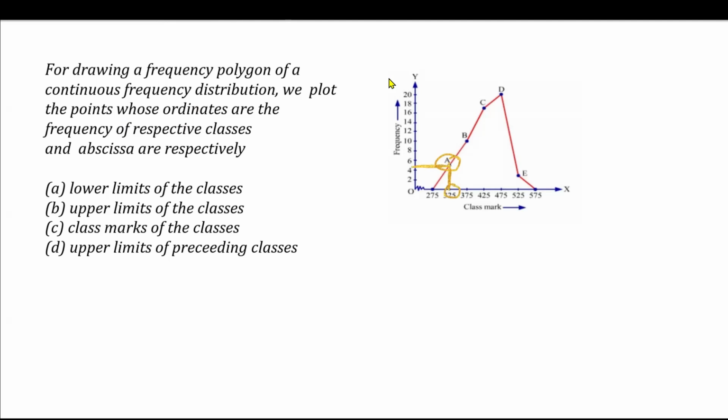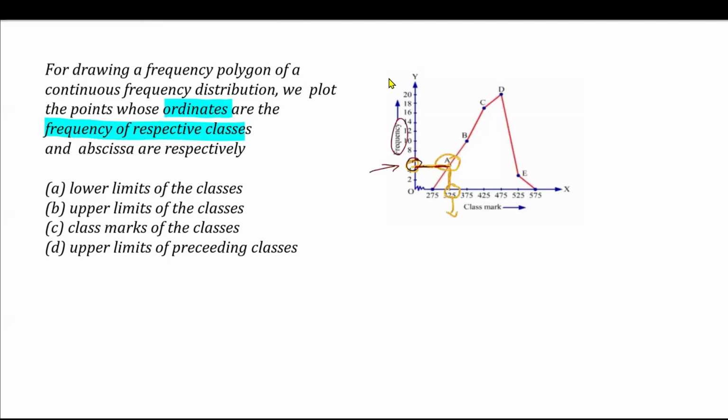Where the x coordinate is also called abscissa and the y coordinate is called ordinate. So they are saying that ordinates are the frequency. That is the y coordinate, right? Ordinate is frequency, which is correct.